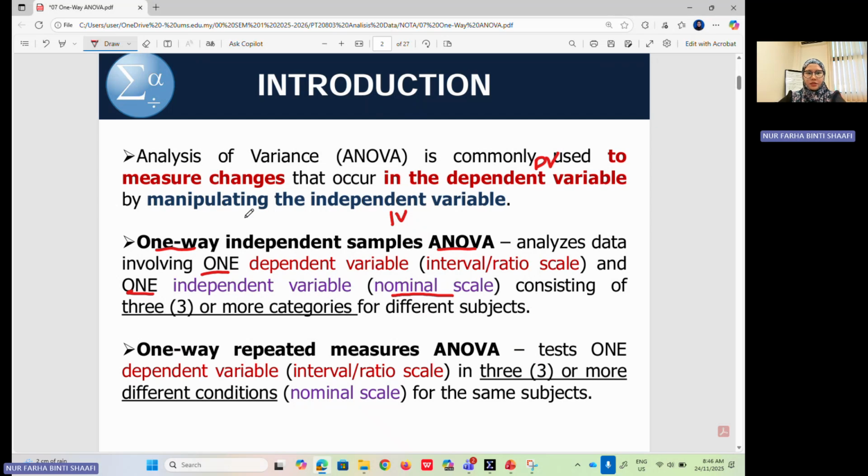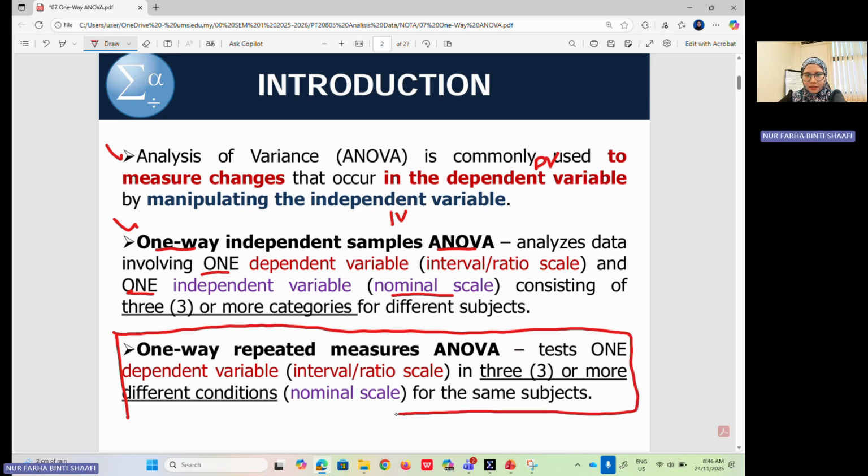So we have done the second point, the first point done. The third point, I will let you read by your own and make it an activity, because if I spoon feed you all the notes here, you would not read about one-way repeated measures ANOVA.